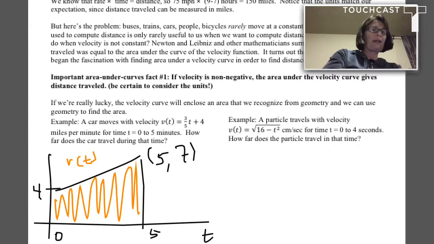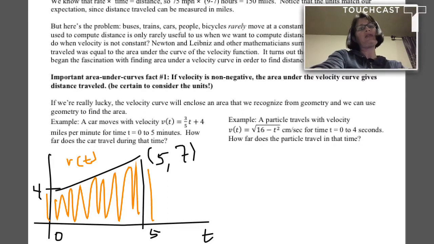Well, all I have to do is recognize that this is a trapezoid. I hope that's all we have to do. So, how do I find the area of a trapezoid? Think of this as base 1 plus base 2. I take the average of the bases.